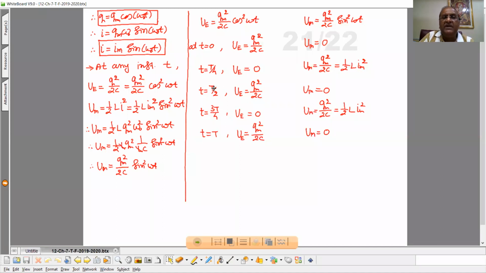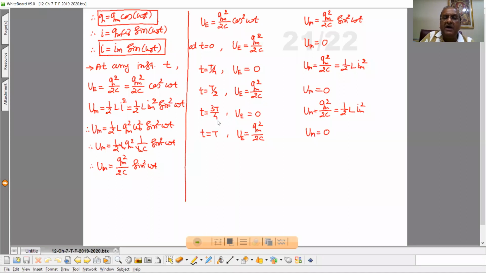Then at time t equal to capital T by 2, again if we substitute t equal to T by 2 by taking omega equal to 2 pi by T, you will get the total energy in the form of electric energy, and at that time magnetic energy will be 0.